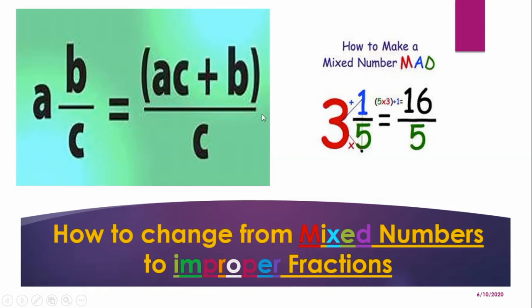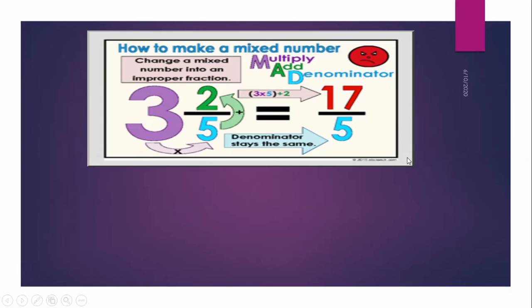Take example, the mixed number 3 and 1 over 5 change to improper fraction. So we have to multiply 5 times 3 to get 15 and add to them 1. So 5 times 3 plus 1 equals 16 and keep the same denominator over 5.